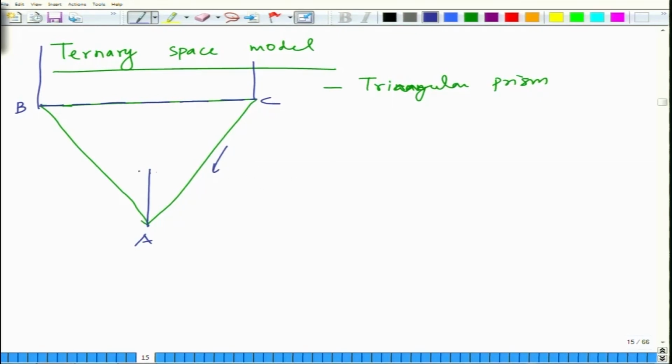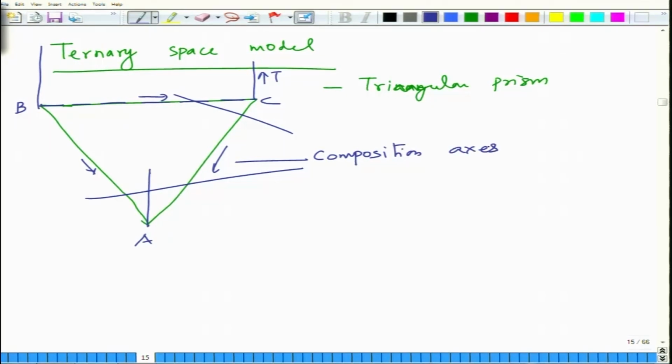Along the sides of the triangle at the base you have composition axes, and the vertical axis is temperature. So this is temperature and these three are composition axes. So ABC happens to be, for the sake of convenience, an equilateral triangle.